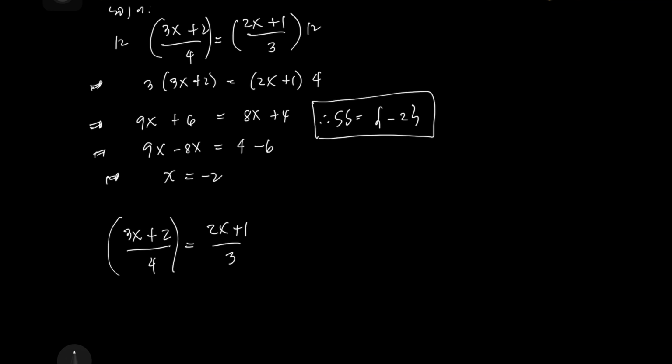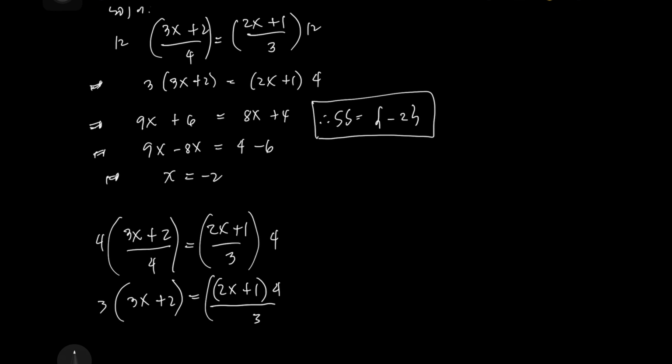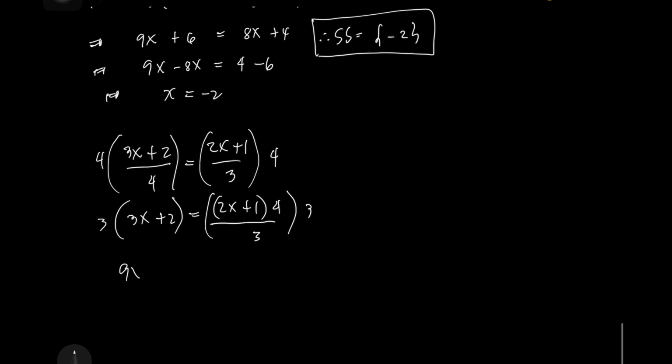In this example, we can multiply 4 first on both sides of the equation. So this makes it 3x plus 2 equals (2x plus 1) times 4 over 3. Then multiplying 3 on both sides to eliminate 3, that makes it 9x plus 6 equals 4 times (2x plus 1).